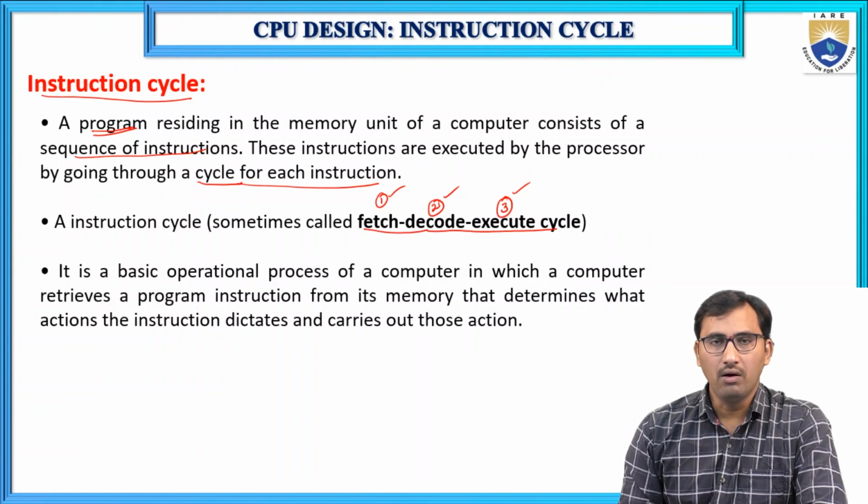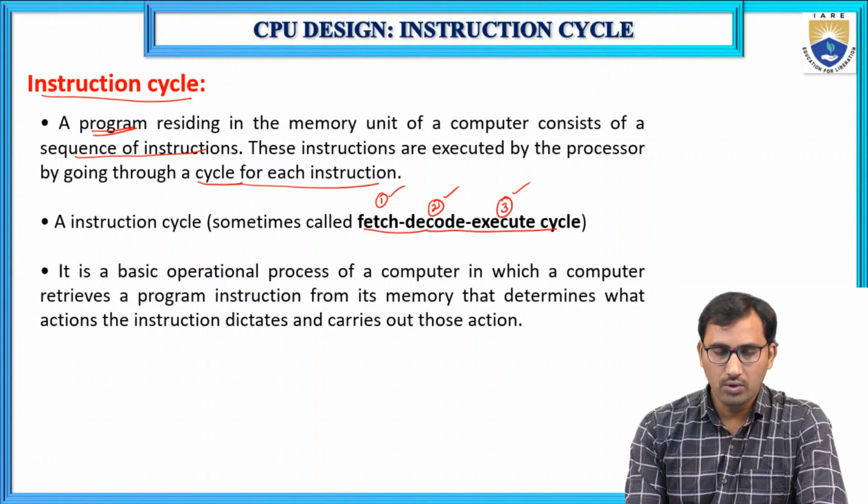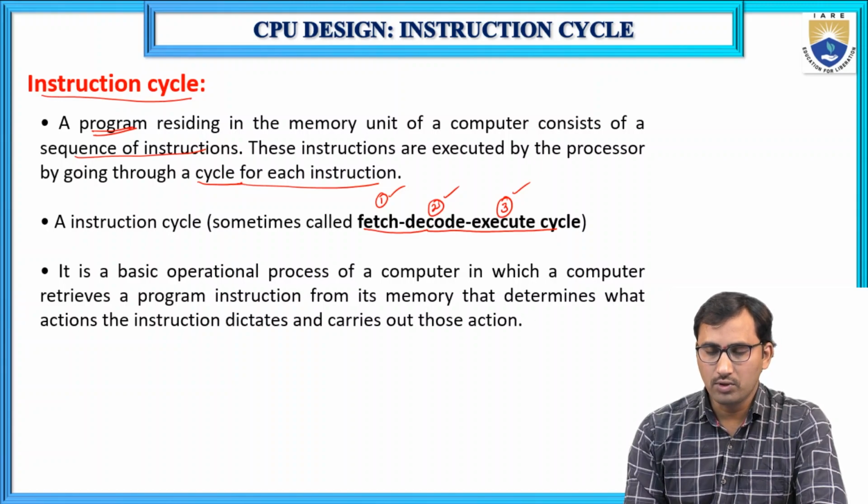In this way, all the instructions of the program get executed. It is the basic operational process of a computer, in which a computer retrieves a program instruction from its memory, determines what actions the instruction dictates, and carries out those actions.